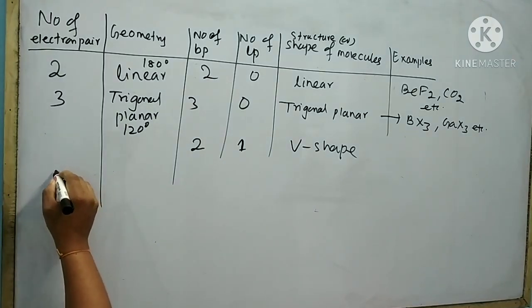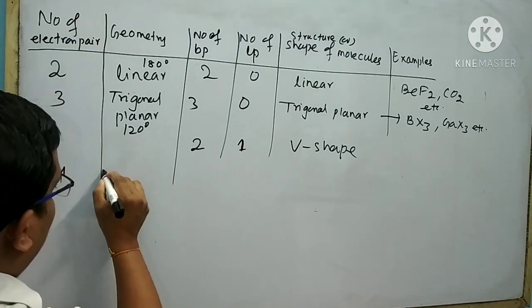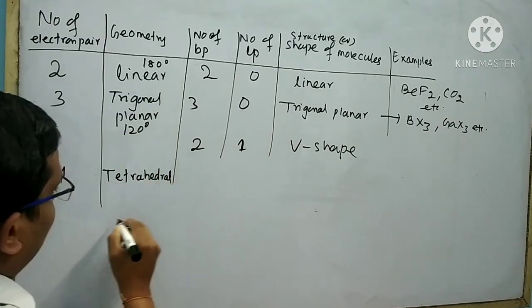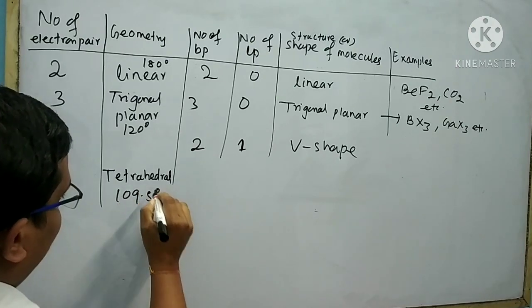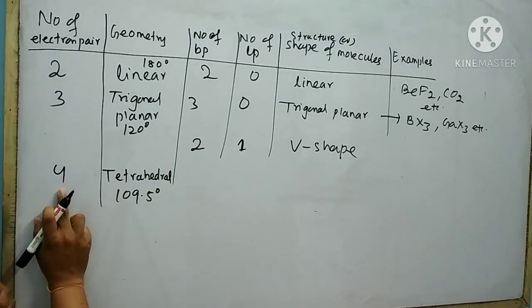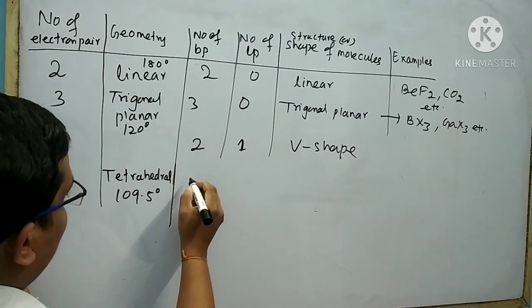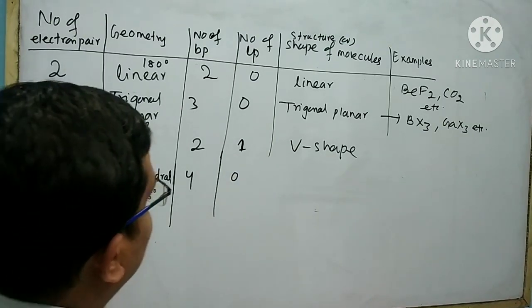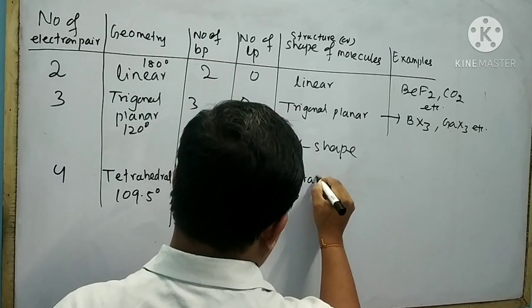Suppose a molecule has 4 electron pairs, then the geometry of the molecule is tetrahedral. The bond angle is 109.5 degrees. Among the 4 electron pairs, suppose all 4 are bond pairs and there is no lone pair, then the shape of the molecule is also tetrahedral.